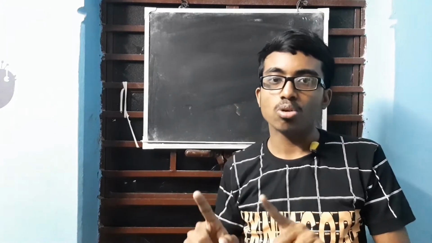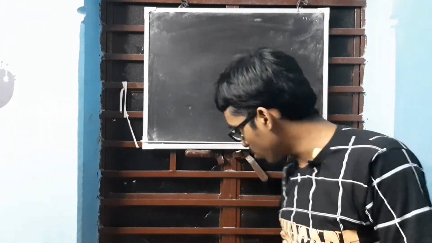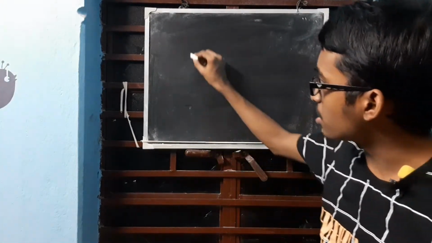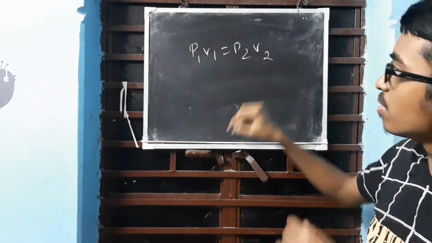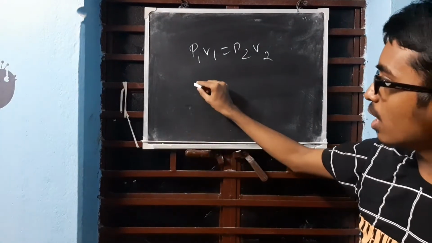Boyle's law stated that pressure and volume are inversely related, that is P1 V1 equal to P2 V2, right? How did we get this?